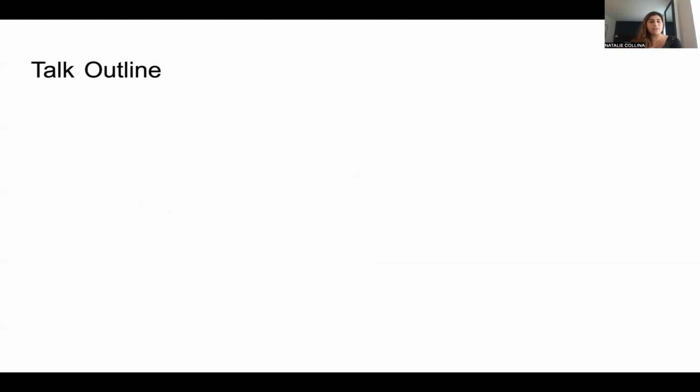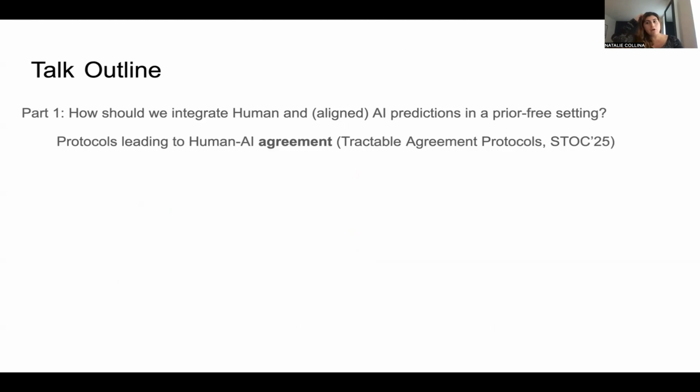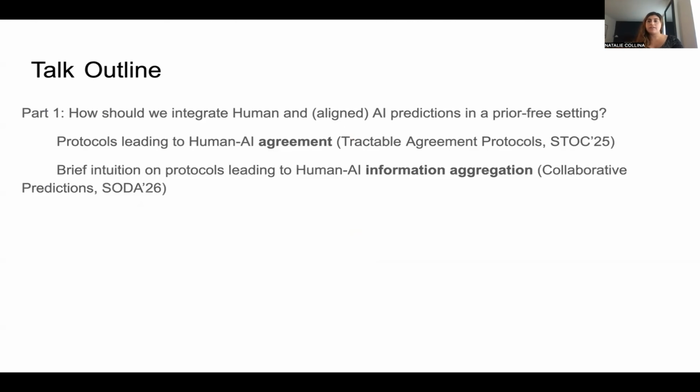As an outline for this talk, first I'm going to talk about how we can integrate human and AI predictions which are aligned in a prior-free setting, and I'll motivate why that matters. I'm going to start with a baseline of agreement, and then talk about how this agreement is a great way to get at not just agreeing on things, but agreeing on something that's correct.